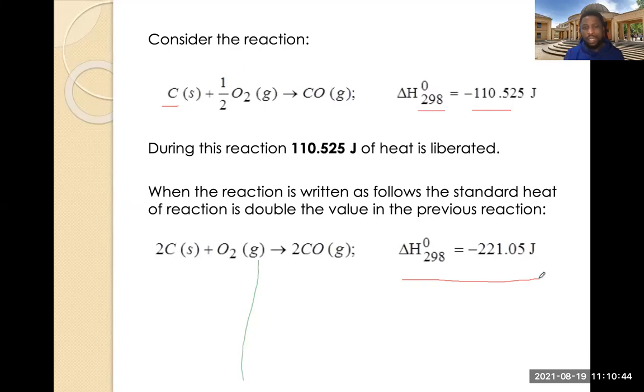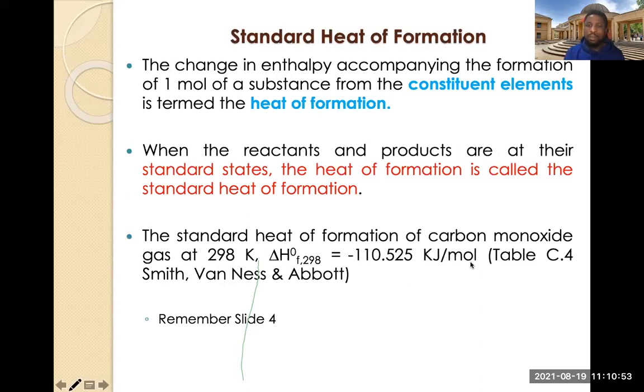So I've talked about the issue of heat of formation for individual components in a process, and then I've talked about how we pull all of them together for us to get the heat of reaction. I've talked about this already from the previous slide, but let's just look at what we have written here. So the change in enthalpy accompanying the formation of 1 mole.